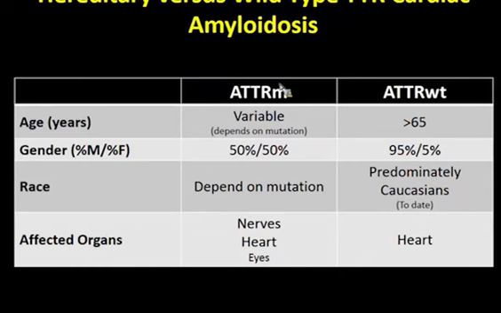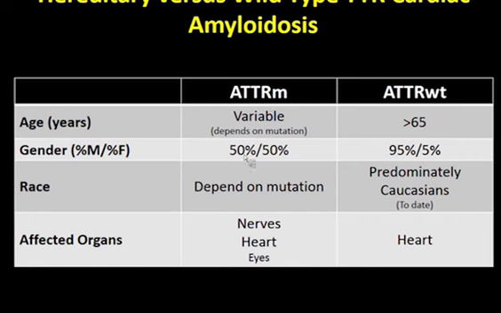So if we try to distinguish transthyretin amyloidosis due to a mutation versus transthyretin amyloidosis due to the wild-type form, as I mentioned, the wild-type form is predominantly a disease of older adults, whereas the form due to mutations has a variable, what we call penetrance, and can show up when you're 30, 40, or 50, and it's highly dependent upon the particular mutation.